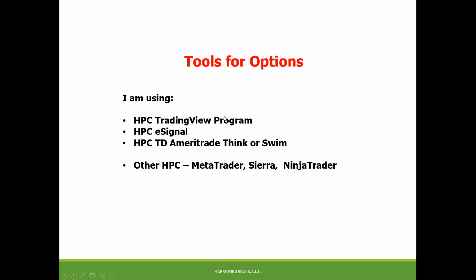I'm using that for identification for the stocks, mostly the 5 minutes. Then I'm running HPC eSignal for options, and I'm looking at the stocks too on that platform, but I like to compare them both. And then I used HPC on TD Ameritrade because I execute the trades on that platform, Thinkorswim. And I'll look at the charts as well.